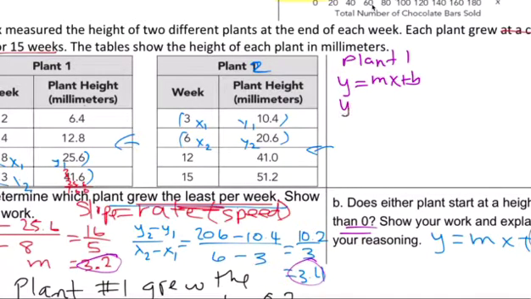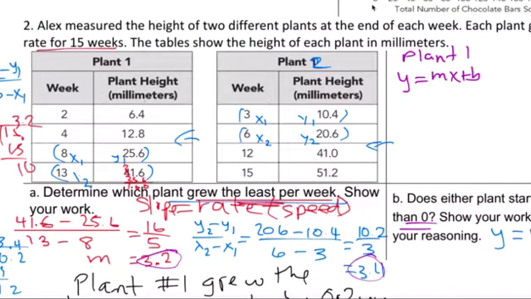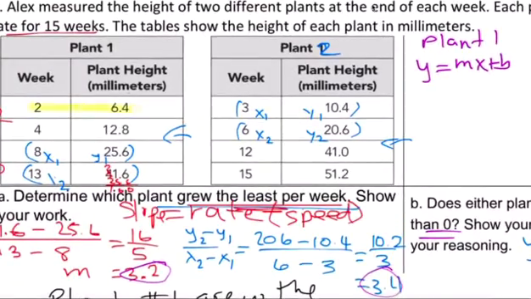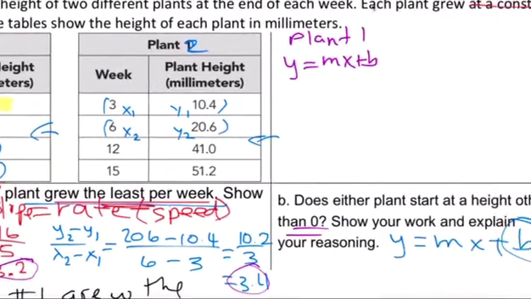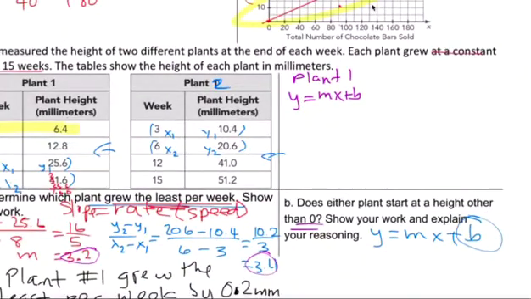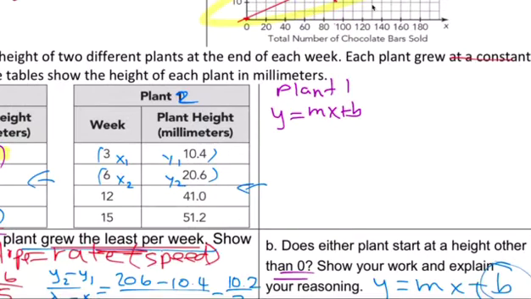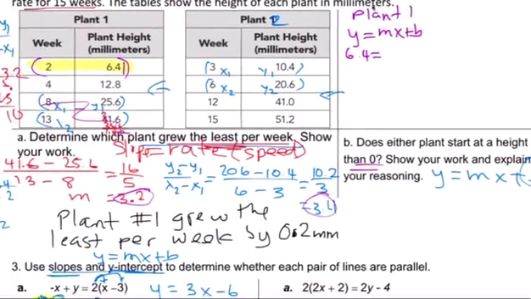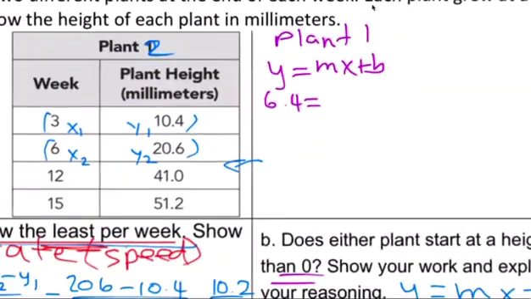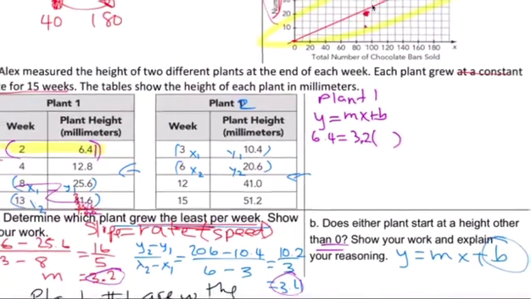Let's decide which one we're going to use. I'll use the 2 and 6.4. 6.4 is y. You don't have to use these again, guys. You can use the other one. So 6.4 equals slope, 3.2, times x. X is 2.